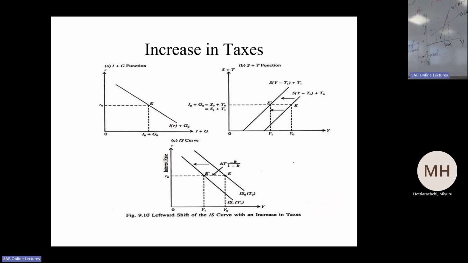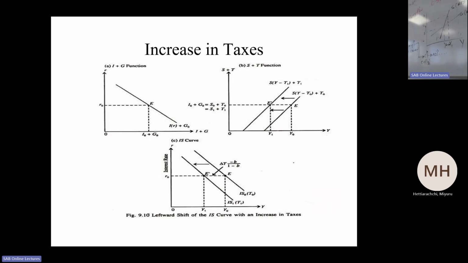That will shift the IS curve to the left. So the tax increases from T0 to T1, and T1 is greater than T0. This remains unchanged at the same point. If we take the prevailing interest rate R0, the withdrawal S0 plus T0 changes to S1 plus T1.